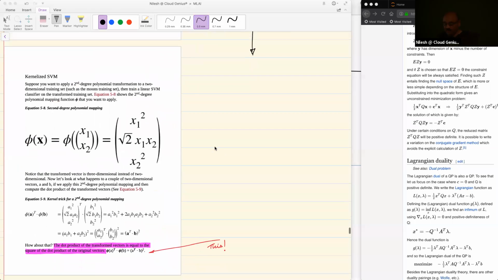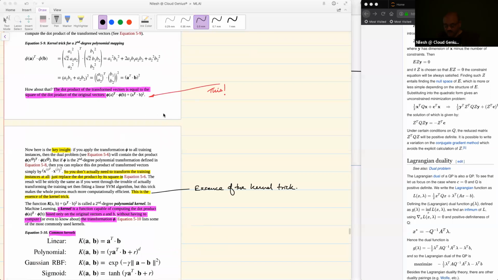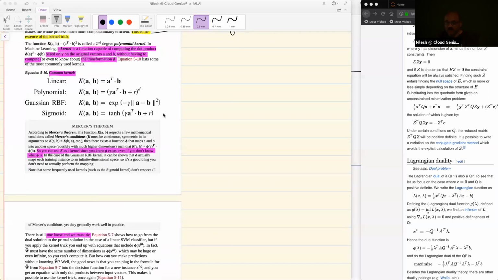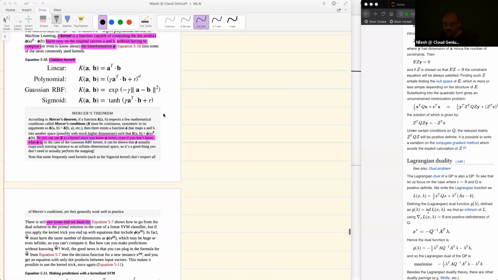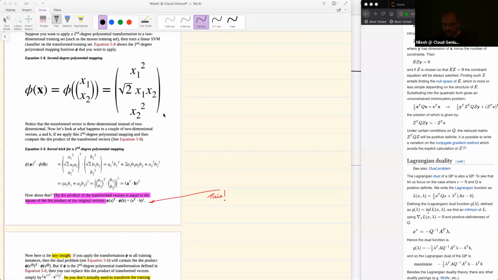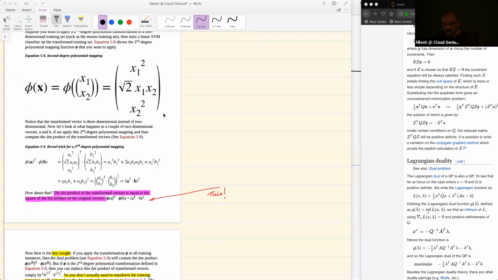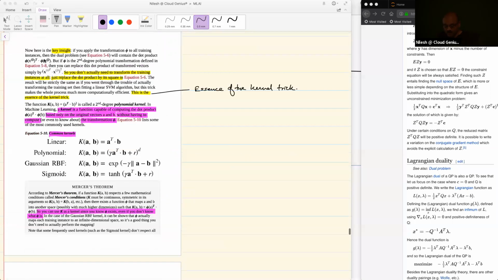If you remember this expression a little bit, you can now match it with the kernel function a little ahead. The kernel function is basically a generalized representation of the square function, the second order polynomial. So here you see second order, and now we will go to the multi-order.